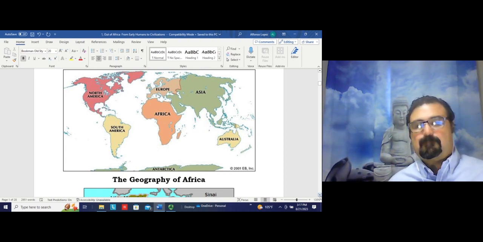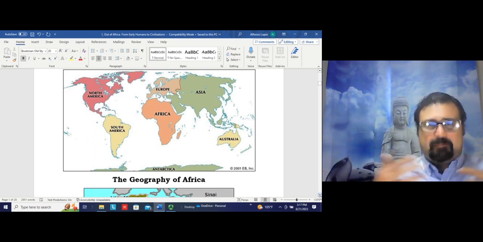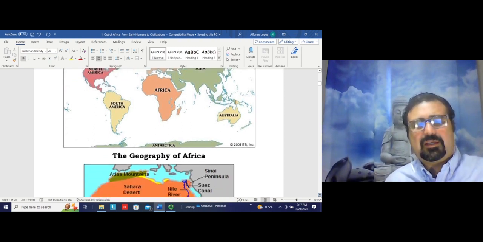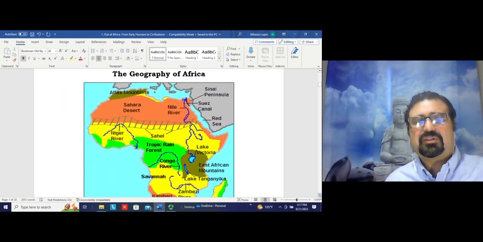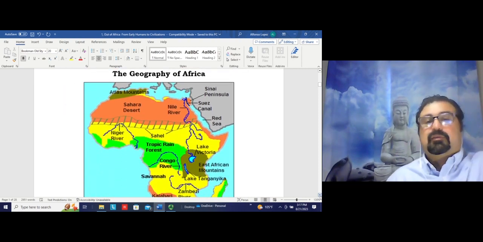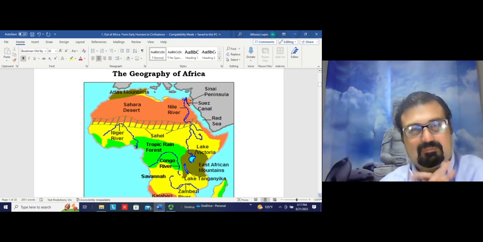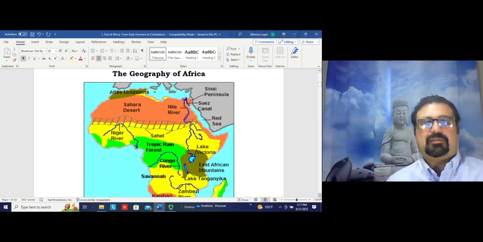And it is not just the extension of the territory, but the biodiversity, the climatic diversity, the ecological diversity of Africa is also very, very extensive. It constitutes many different kinds of climates, okay, of all kinds.